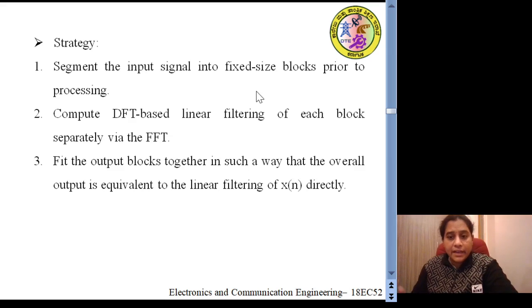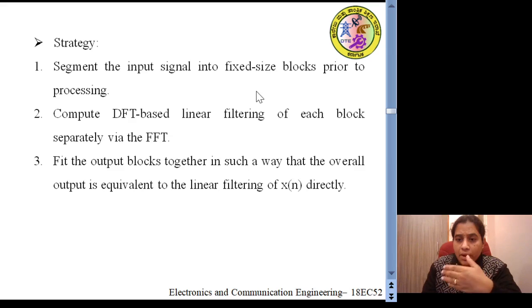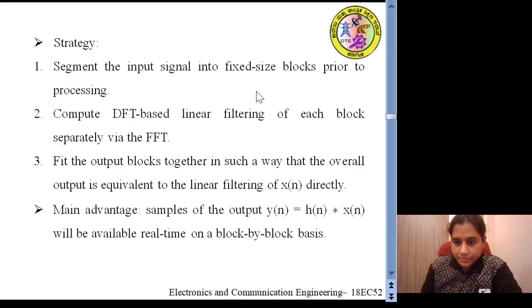At the end we take all the output blocks together and overlap the output values, such that the final output is equivalent to the linear filtering of the incoming signal x of n directly.